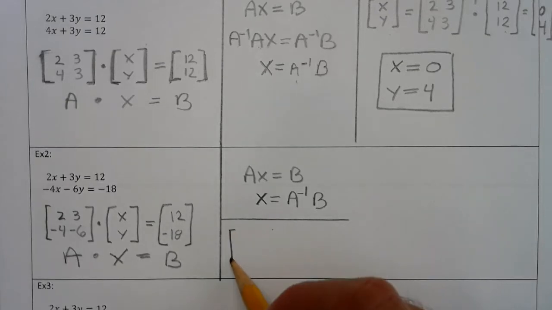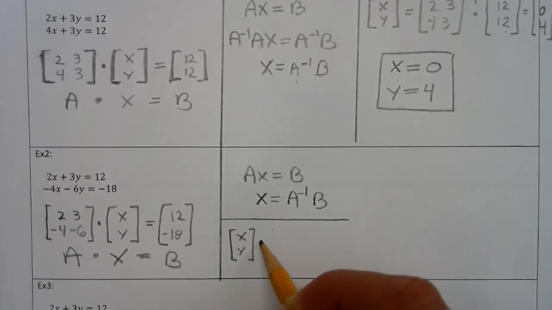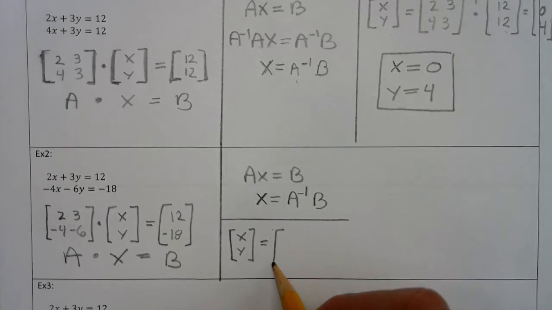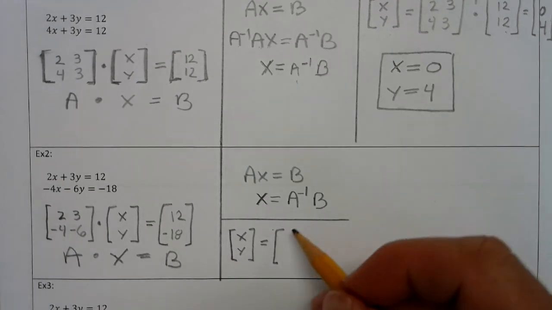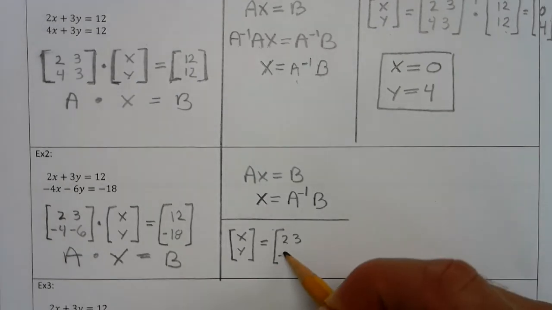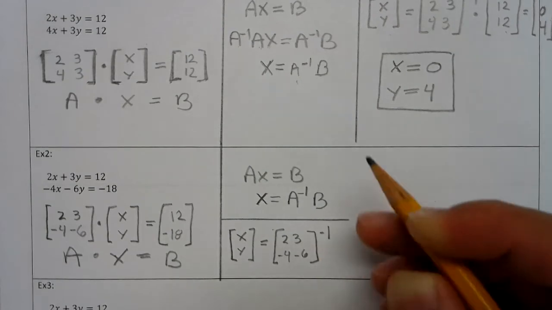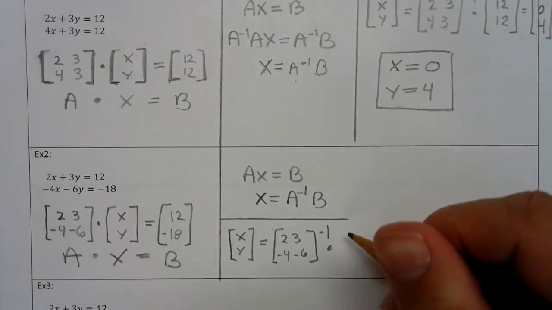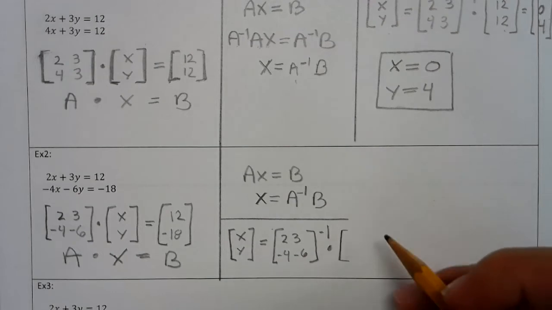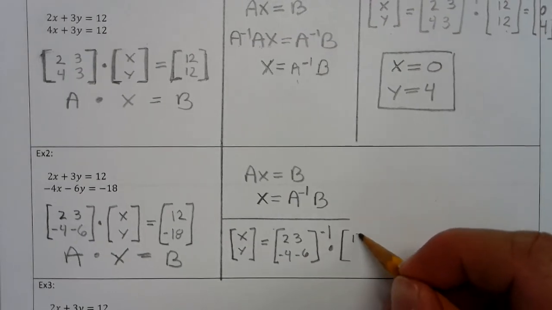We know X is XY equals A inverse, which is 2, 3, -4, -6, inverse times B, which is 12, -18.